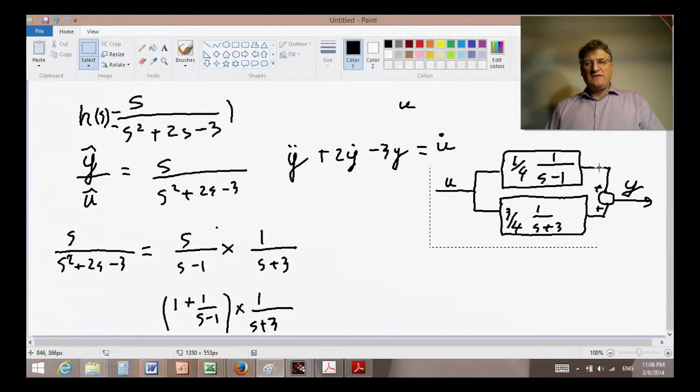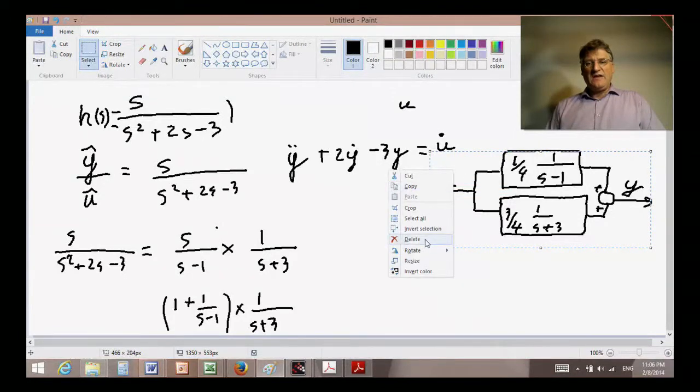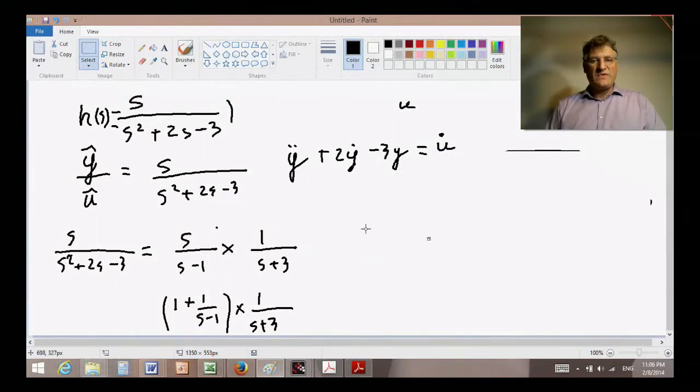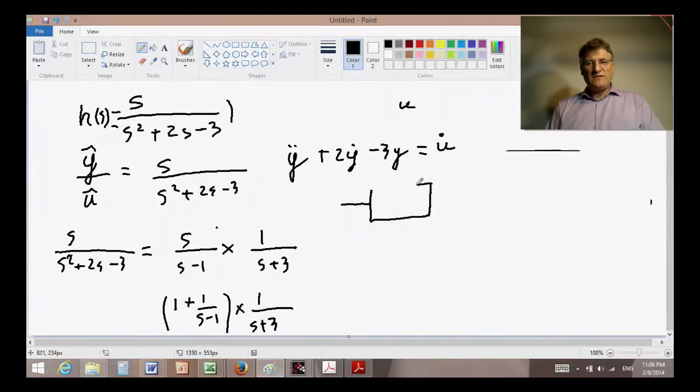Let me eliminate this transfer function and instead try and find what this guy looks like. Well, it looks like two boxes mounted in series.